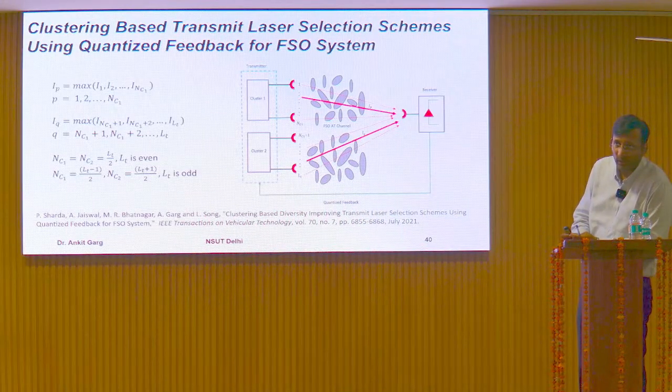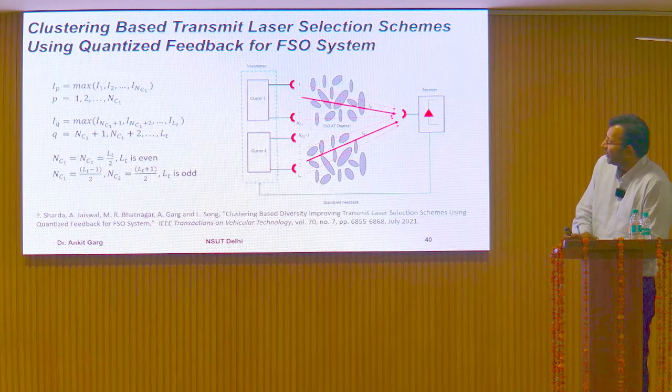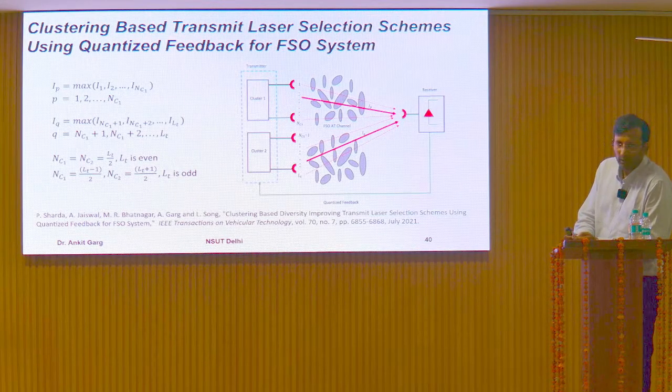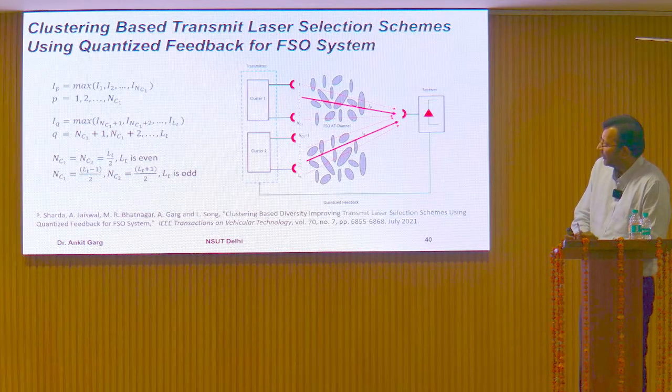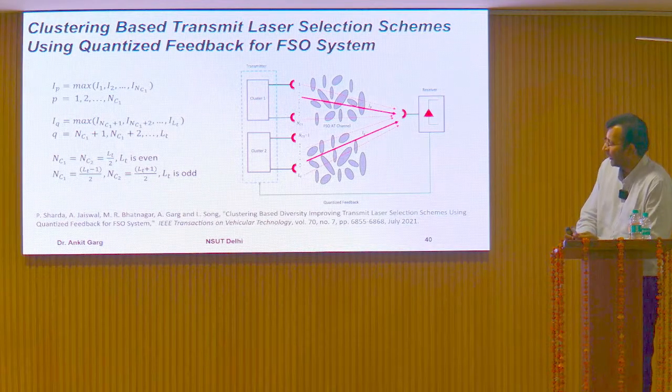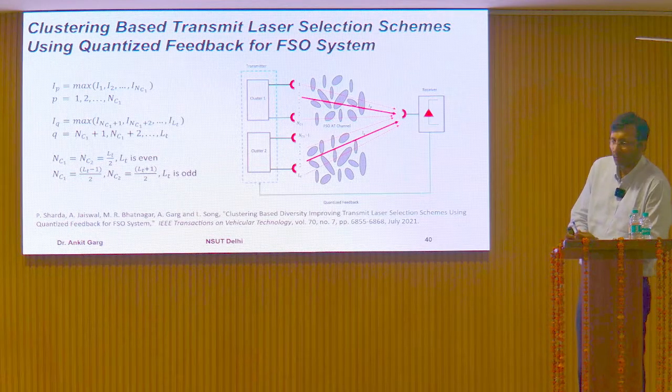In the FSO scenario, we call it intensity instead of channel gain. And IQ represents the same for the other cluster. NC1 and NC2 are going to be LT by 2 for LT even, and for odd they would be LT minus 1 divided by 2 and LT plus 1 divided by 2 respectively.